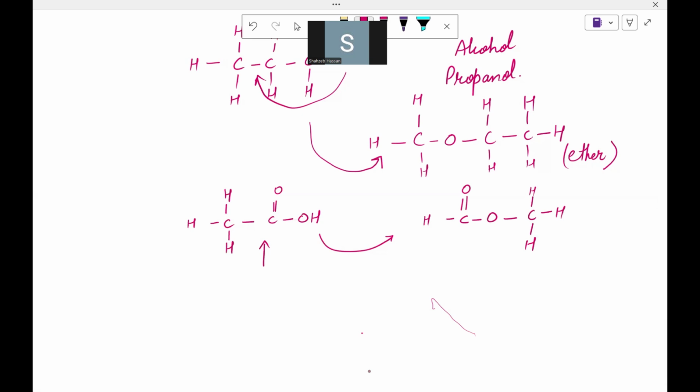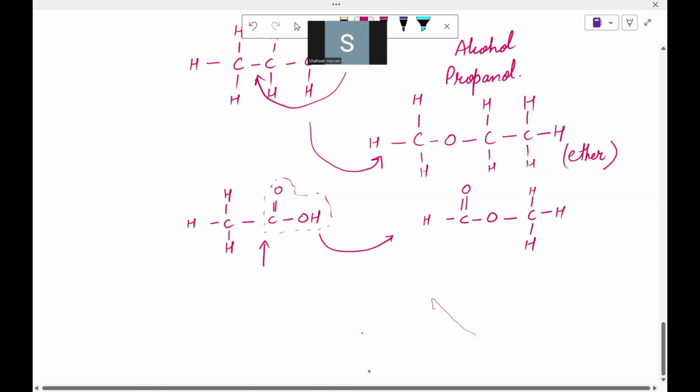Is it ethanol? No, look at this one. This group is basically a carboxylic acid. Ethanoic acid? Yes, that is ethanoic acid.